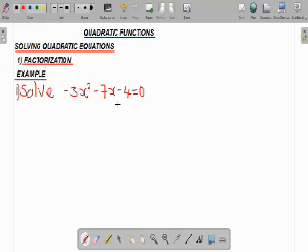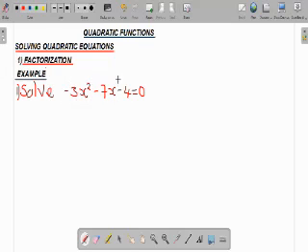Okay, so let's start. They have said solve this quadratic function, which is negative 3x squared minus 7x minus 4 equals 0. That's the quadratic function that we have been given. In this function, you notice that we have got three terms.